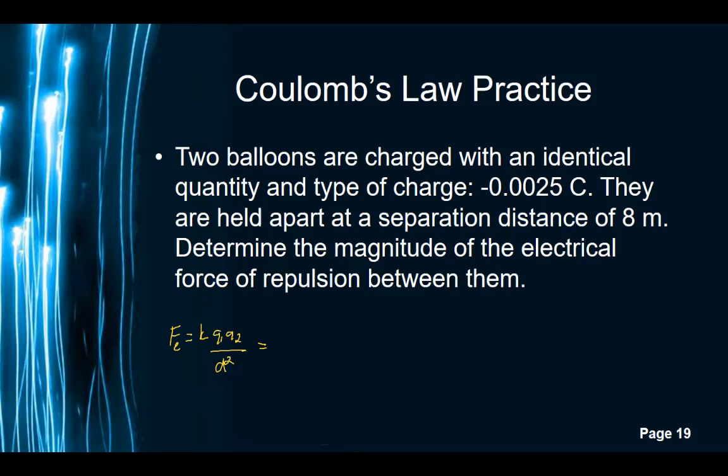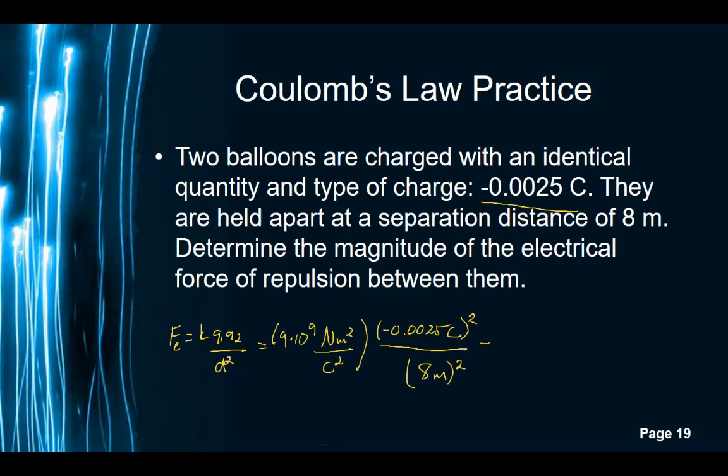And this equals 9 times 10 to the ninth Newton meters squared per coulombs squared, times the charge, which we have right up here, minus 0.0025 coulombs. Since they're both the same, I'm just going to square it. And that's going to be divided by the distance, which in this case is 8 meters, and that's also squared.